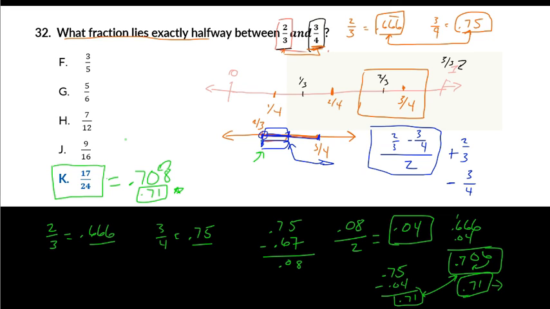I think the easiest and fastest way to answer this question is to simply recognize that what they are asking is to find the midway point between these two numbers. And the way you find a midway point between the two numbers is you add them together and divide by 2. So, for example, if we were given a 5 and a 10 and asked what is the midway point, or what is exactly halfway between those two, it's the midway point.